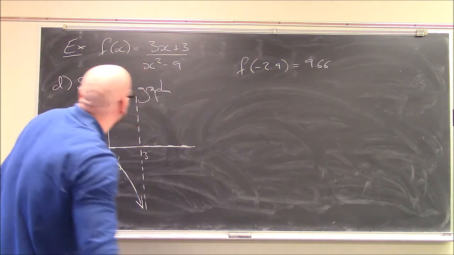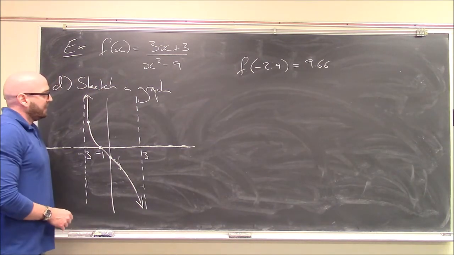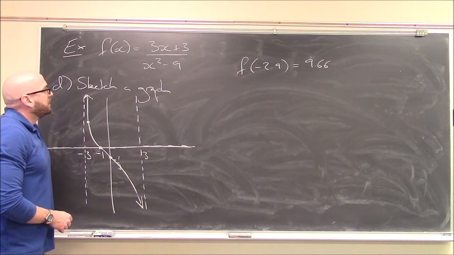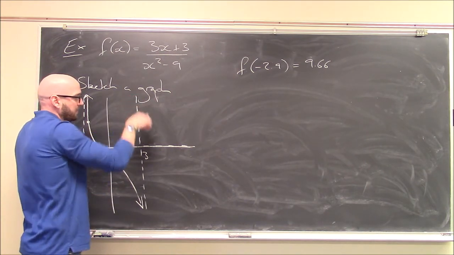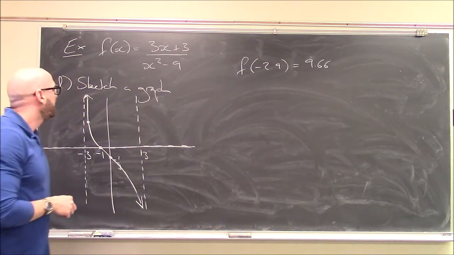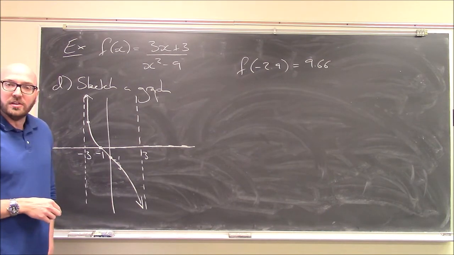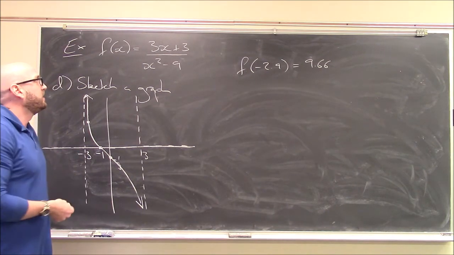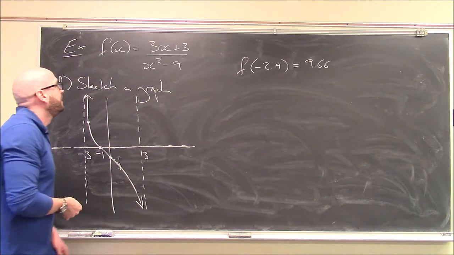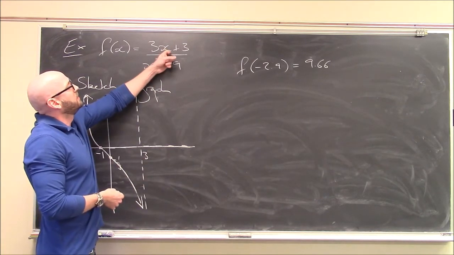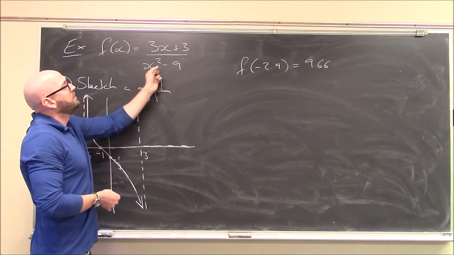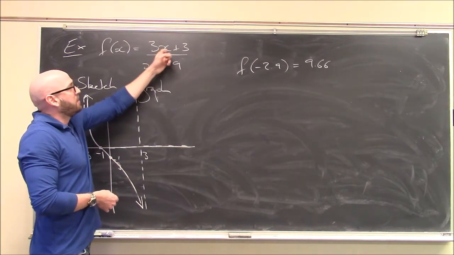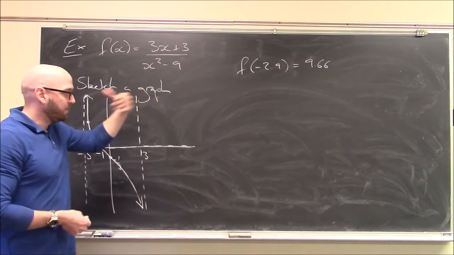What about the rest? I don't actually need to plug in any numbers here, I don't think. I know I have a vertical asymptote here, horizontal asymptote here. What happens for very large values of x? Let's just say in our mind, let's plug in, say, x equals 1 million. What do I have? I've got a positive number on top, 3 million plus 3, over a million squared minus 9 is, again, a positive number over a positive number is positive.